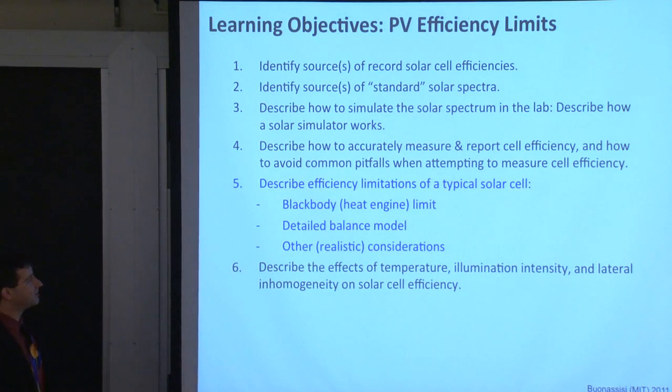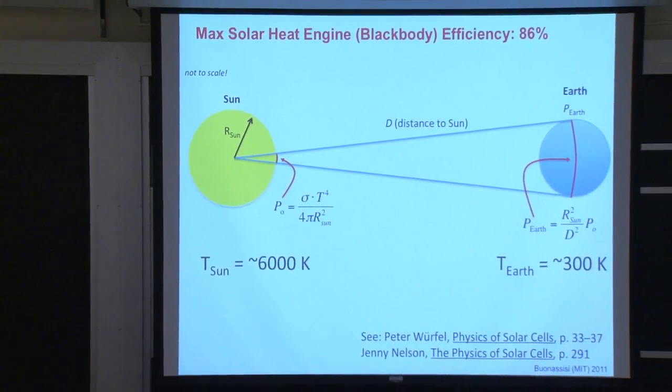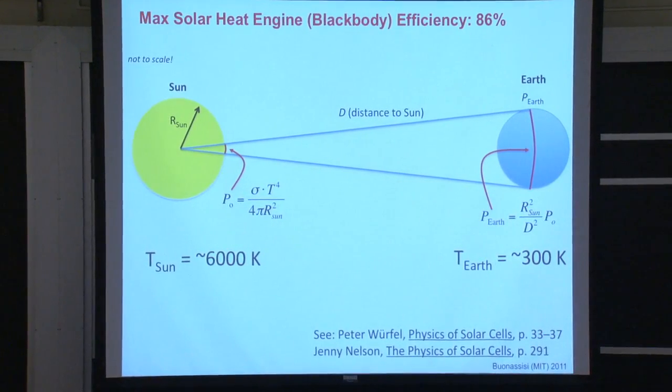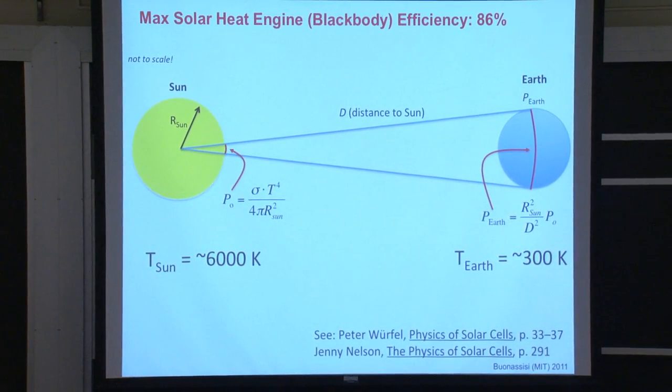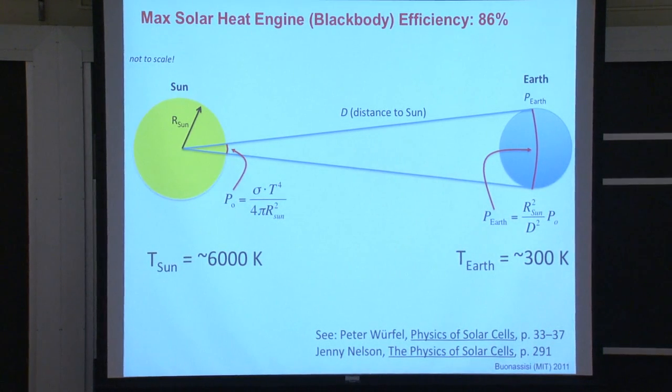We're going to describe the efficiency limitations of a typical solar cell now. And what I'll do is I'll pass around some of these books just to, again, situate ourselves. Did I grab Jenny Nelson's on the way out? I thought I did. OK. Well, Peter Würfel's and, oh, there it is. Yes, absolutely. So there's two books that are entitled Physics of Solar Cells.